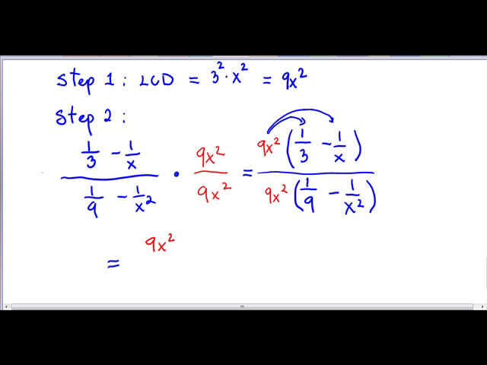9x squared times 1 over 3 minus 9x squared times 1 over x. We do exactly the same for the denominator.